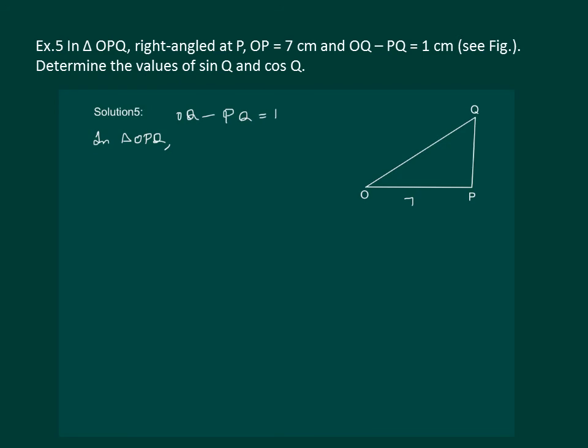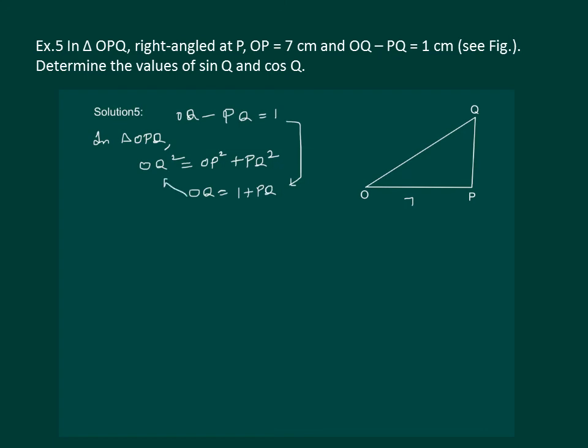In triangle OPQ, use Pythagoras theorem. We have OQ square equal to OP square plus PQ square. Since it is given that OQ minus PQ is 1, this implies that OQ equal to 1 plus PQ.